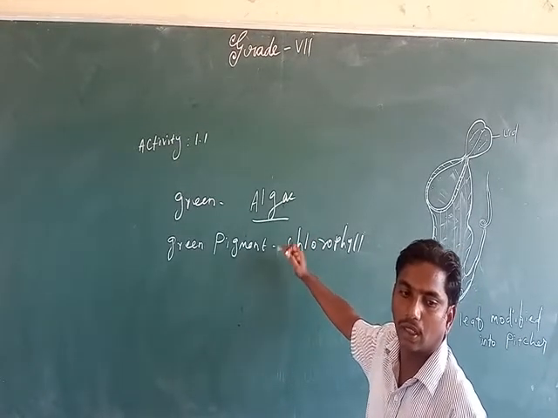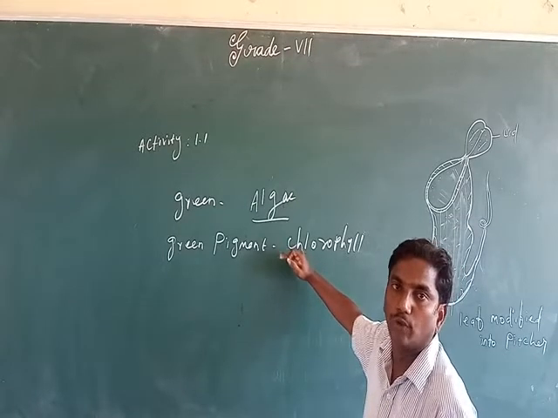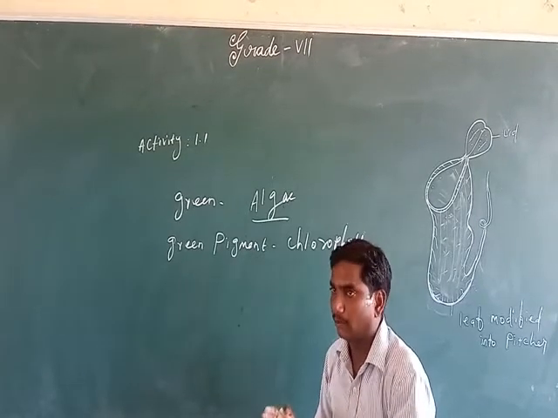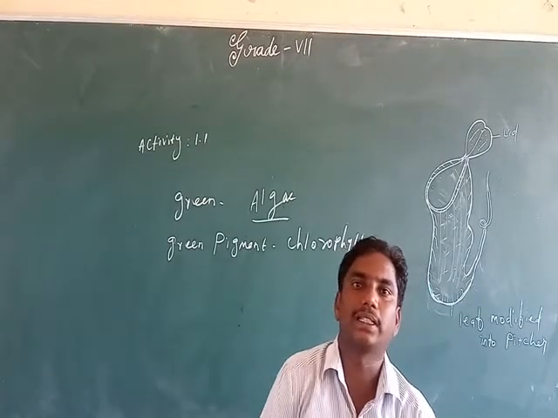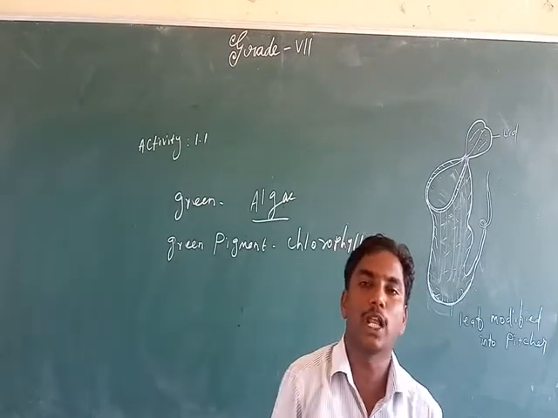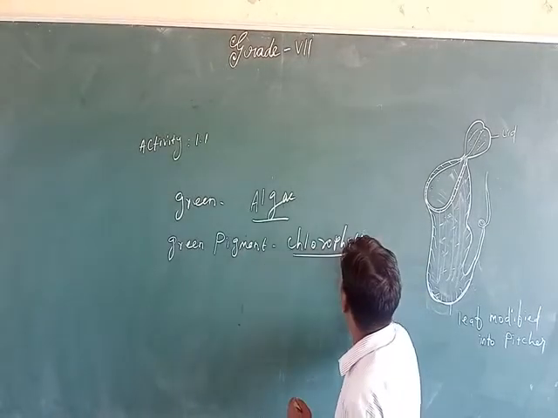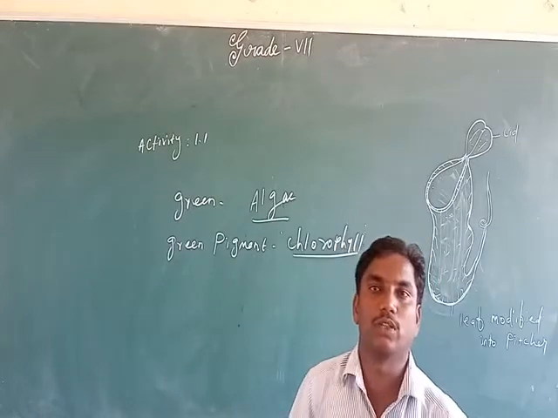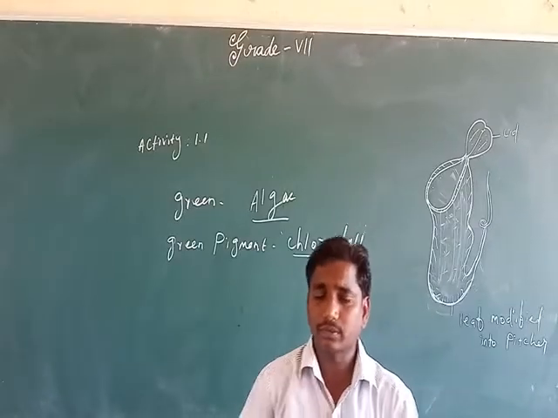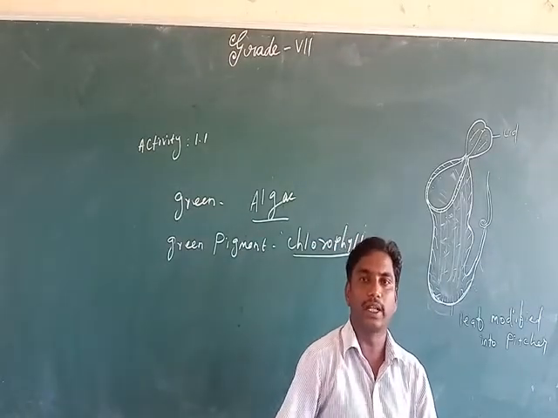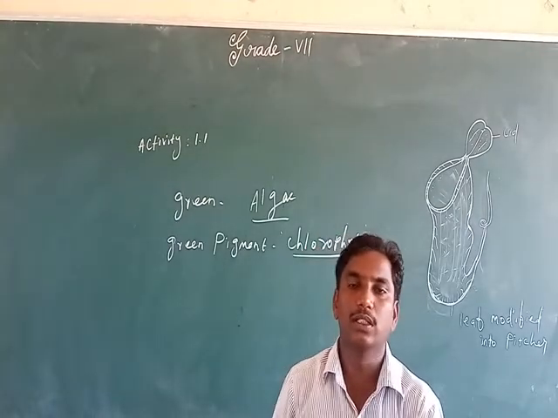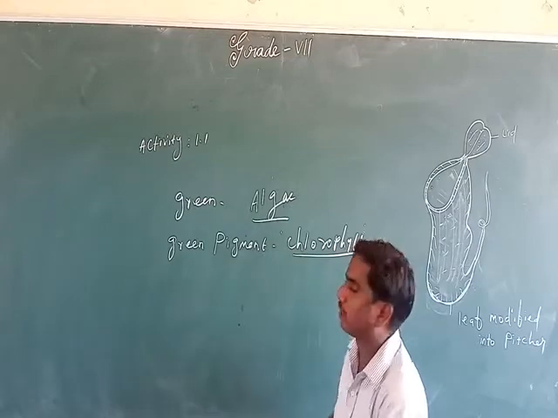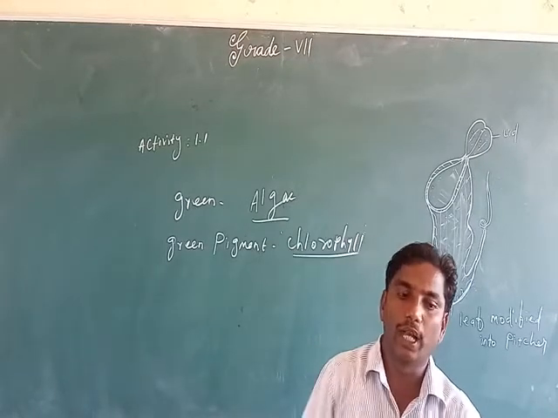That means the algae contains the green pigment, chlorophyll, so that way the algae look green. Algae can prepare their own food because the green pigment is present.